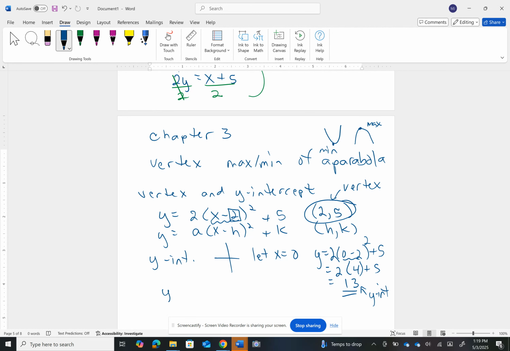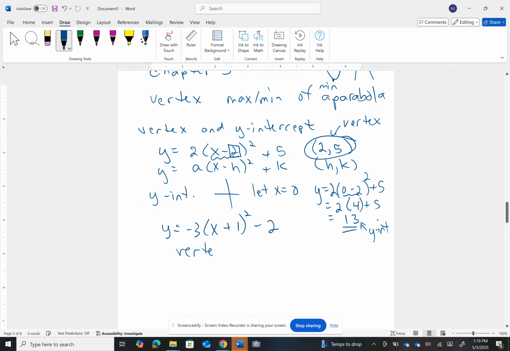All right, let me just put one more of these on. Let's say you have negative 3(x plus 1) squared minus 2, something like that. Okay, the vertex in that case would be (negative 1, negative 2). See how the x minus h is going to be whatever would cause that to be equal to 0.